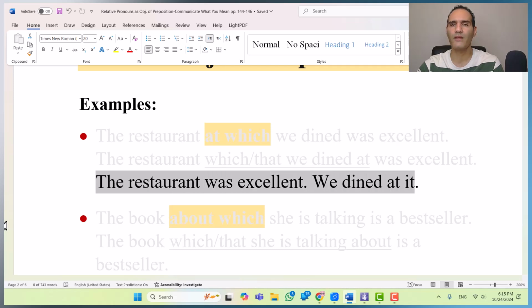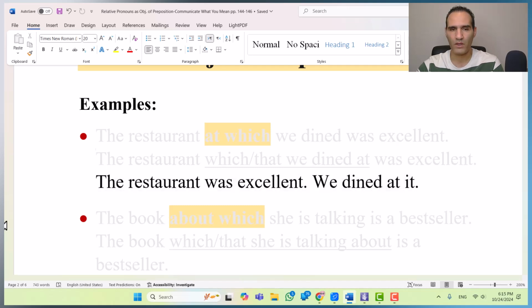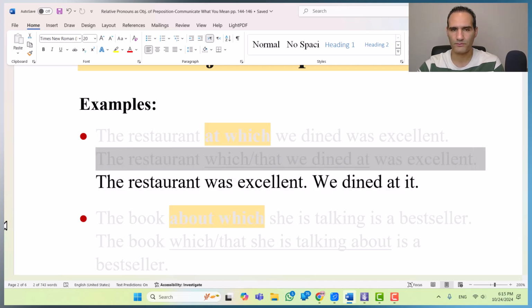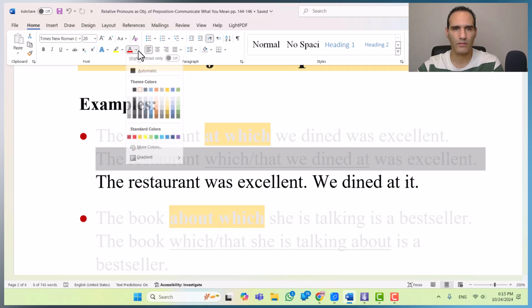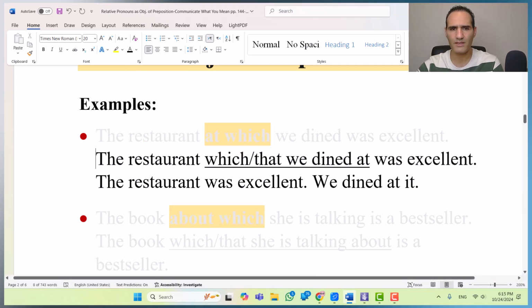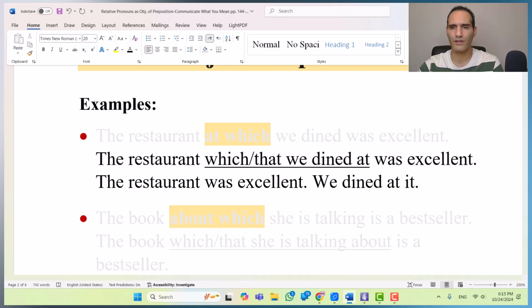We want to combine them into an adjective clause. How? The restaurant which we dined at was excellent, or the restaurant that we dined at was excellent. So one level better than the short sentences.